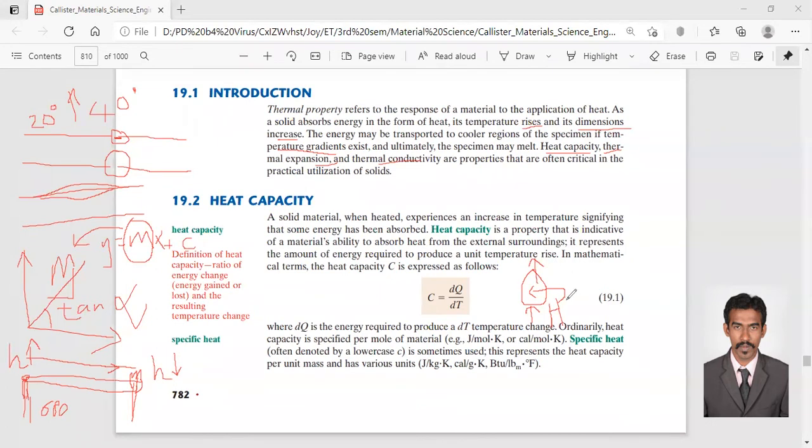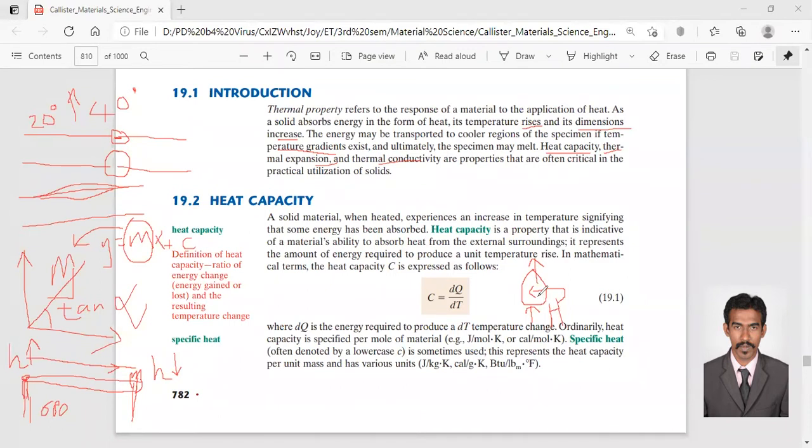So you are providing some heat energy, and the material absorbs that heat energy, so the heat energy of the material is increasing.